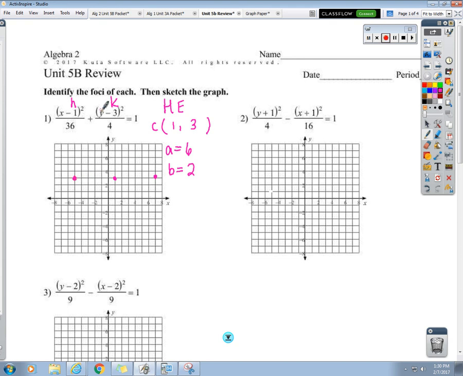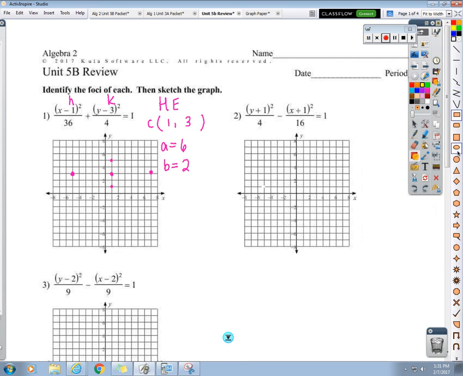Now, under the Y is where I got my B value of 2. So that means I'll go up 2 and down 2. And now I have the 4 points I need to graph this ellipse. So just do your best. It's not easy to draw an ellipse. Yeah, let me try that again. That's an H and a K. Okay, hold on, let me use this to draw my ellipse.